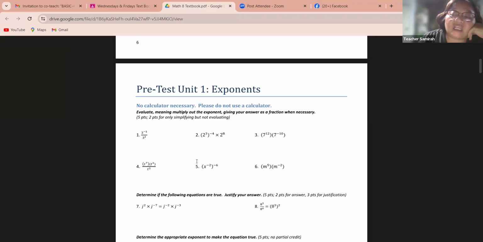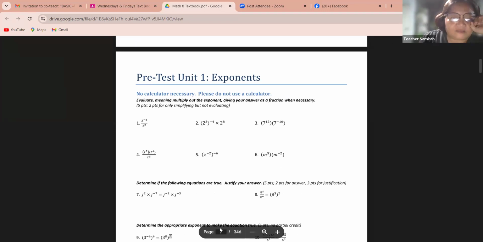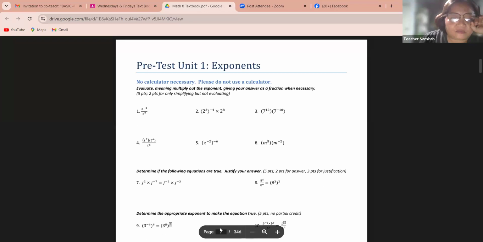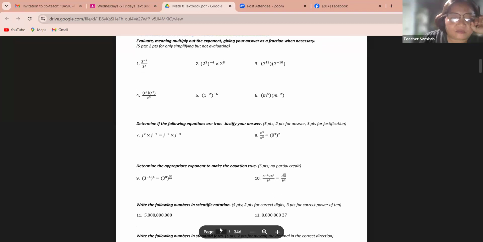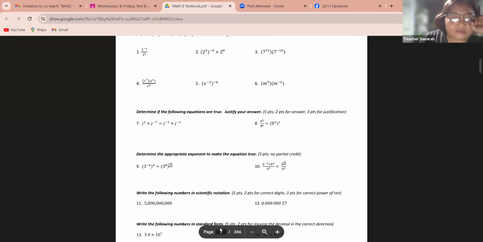We have not discussed number 2 and number 5 yet. This is what we discussed last time regarding the exponent.